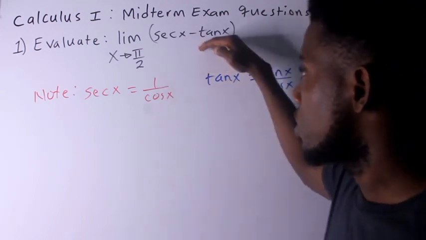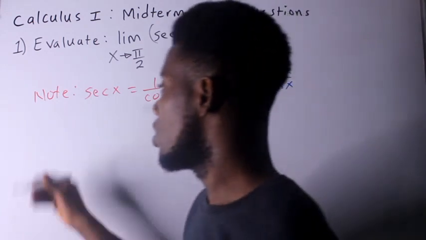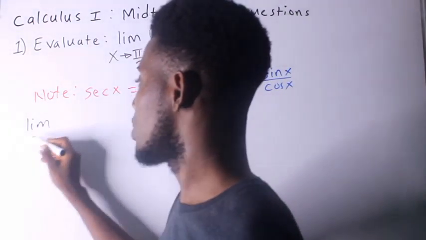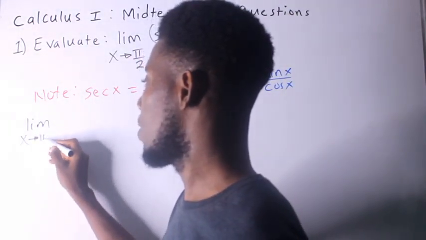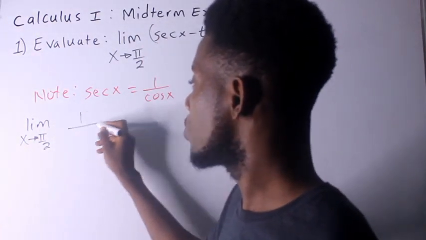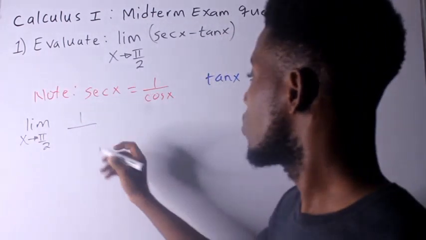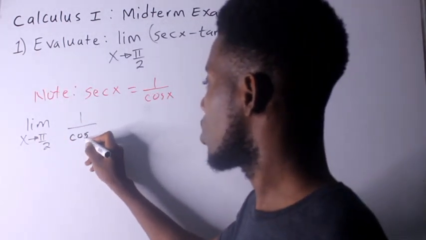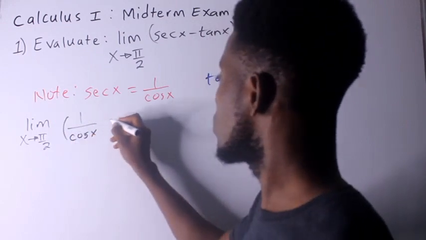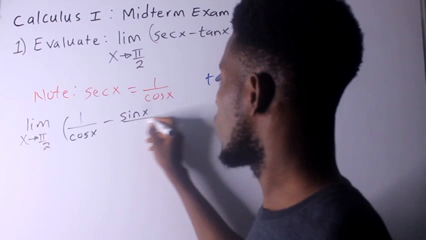So we're going to replace secant and tangent with these two identities. So we have the limit as x approaches pi by 2 of 1 over cos x, minus tangent, which is sine x over cos x.